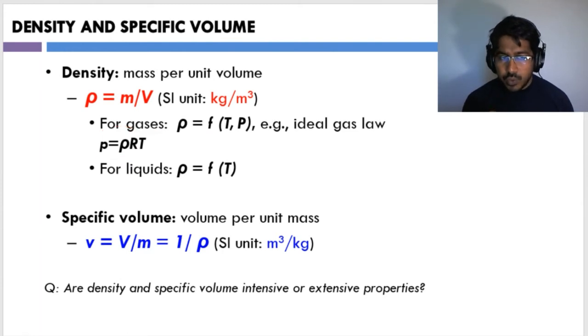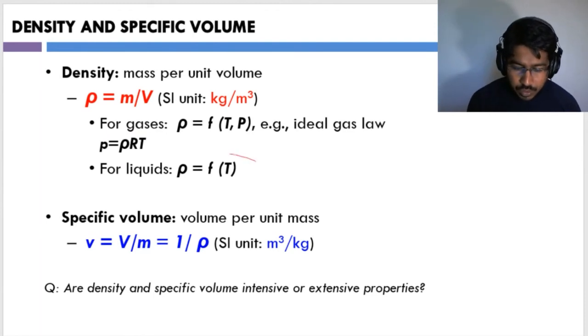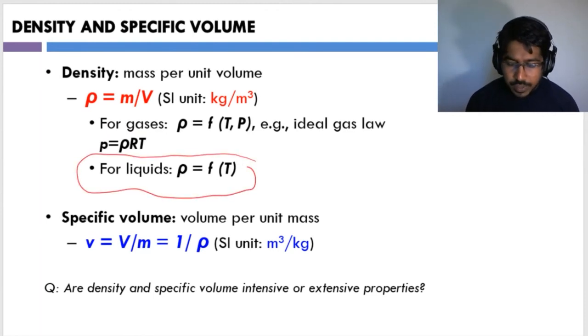So this is a very important observation that we will use in the coming calculations for thermodynamic processes. When you use tables, you use this trait of liquids to find thermodynamic properties when you have limited information, right?